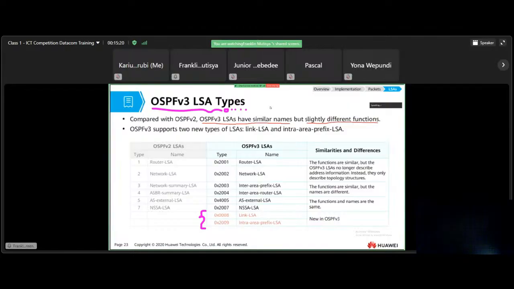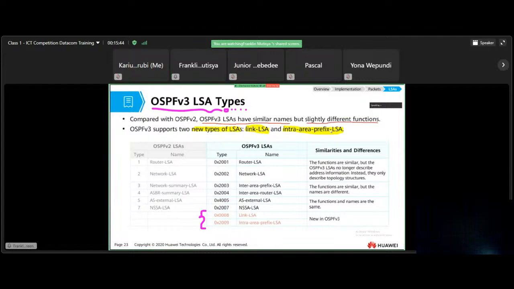Something else is that OSPF version 3 introduces two new types of LSAs. One of those is the link LSA, which is type 8, and the intra-area prefix LSA, which is type 9.